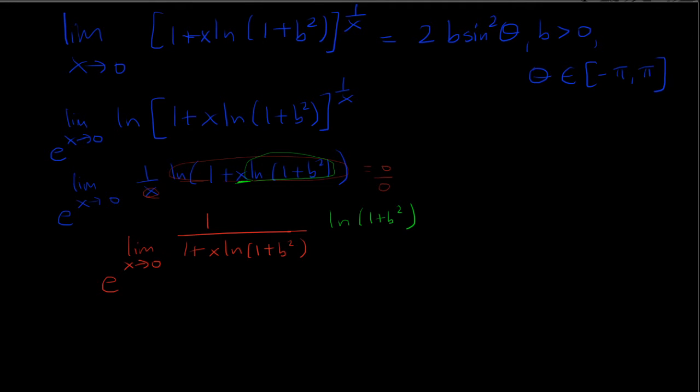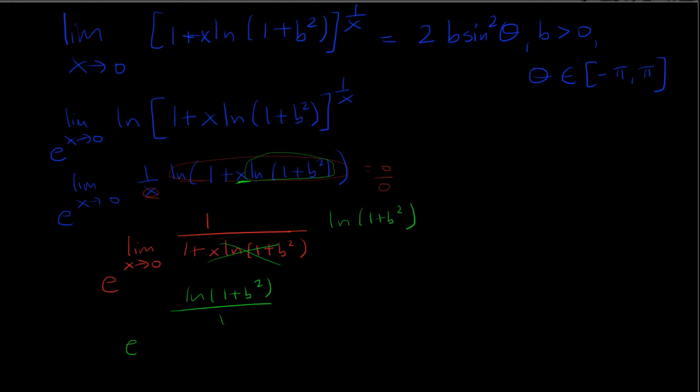Now if we were to plug in x equals 0, I would get e to the limit, if I plug in 0, the limit's gone, so I have ln of 1 plus b squared in the numerator, and then this thing goes away, right? Because x is 0, 0 times the natural log is just 0.